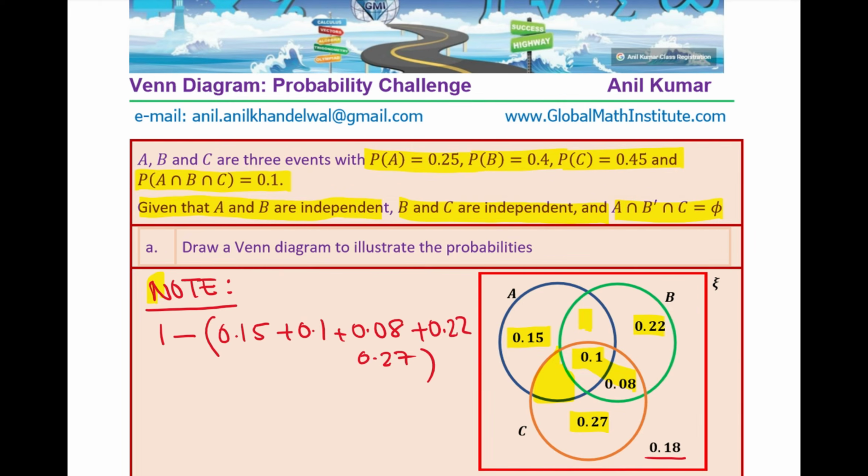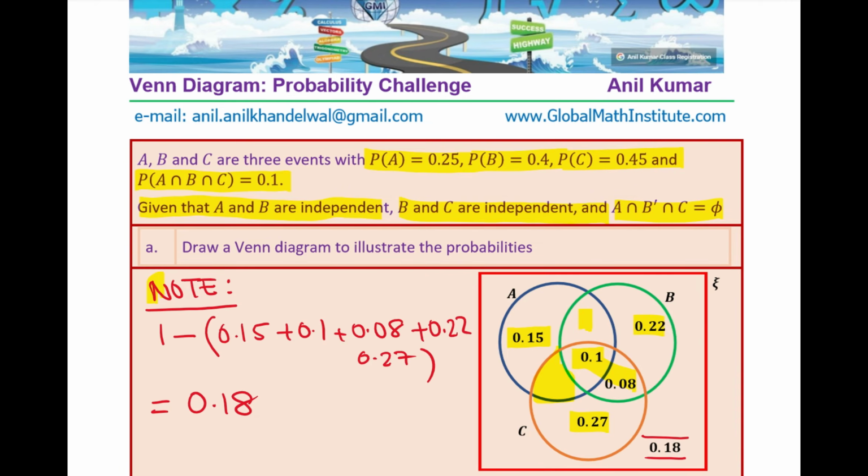And when you take it, what do you get? Use your calculator to find this value. It comes to 0.18. And that is the probability of neither A, B, nor C. Perfect.